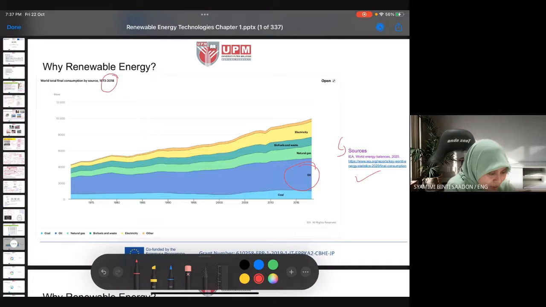You see, it comes from oil and electricity also. This one is others. Kebanyakannya, the majority since 1970, a lot of the energy consumption we use is oil.